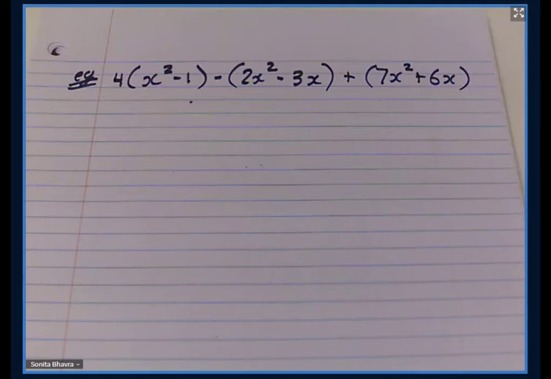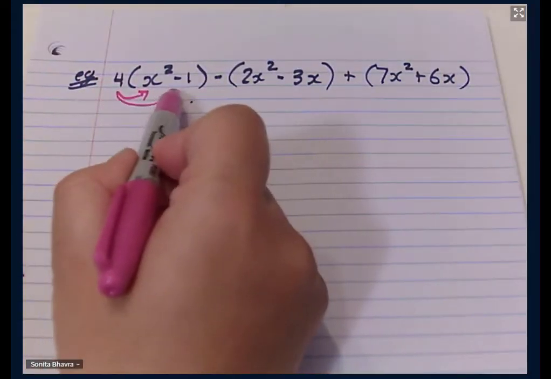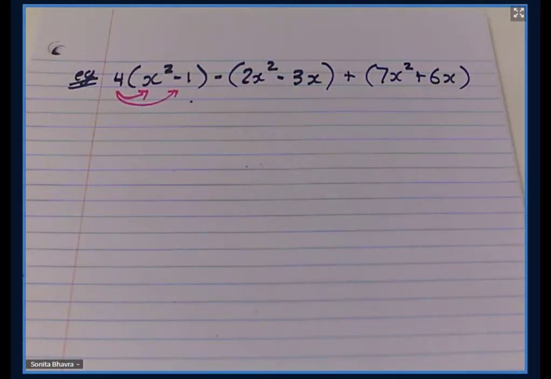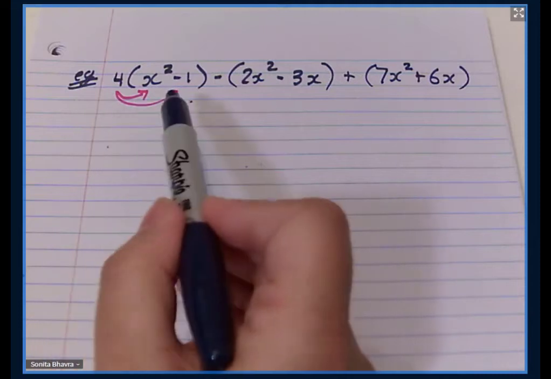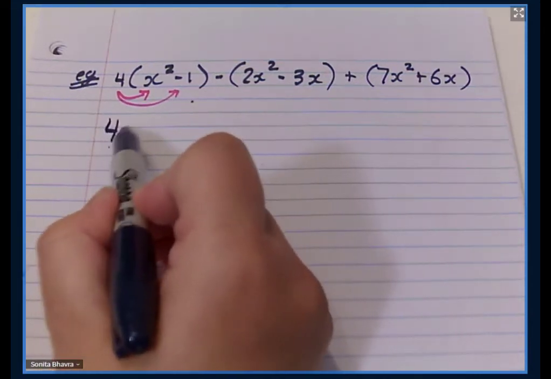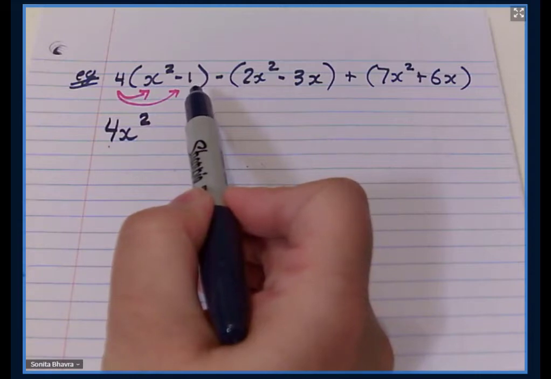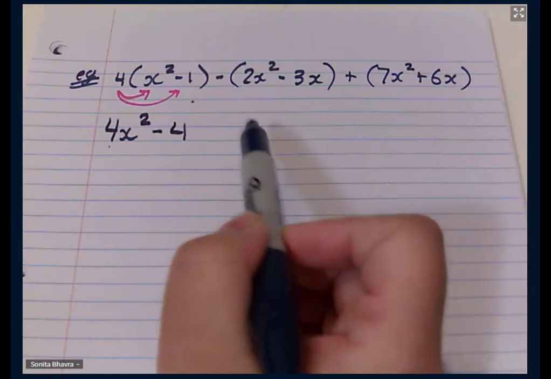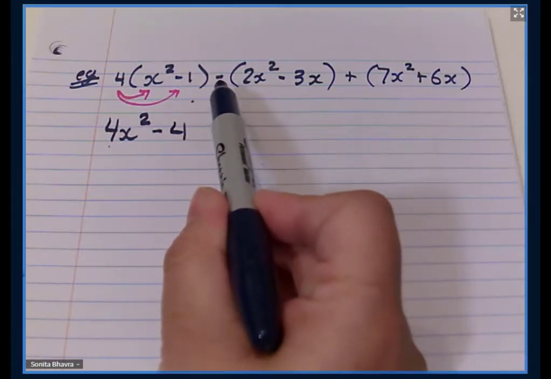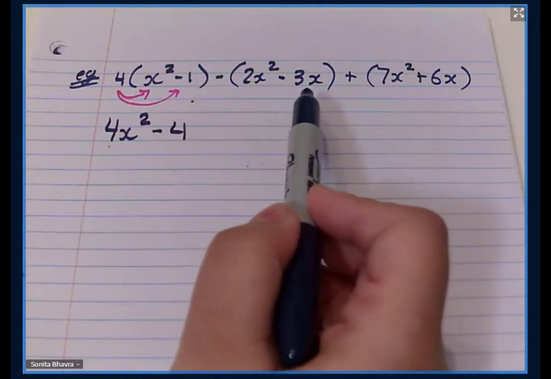All right, so let's multiply that 4 to everything inside that first bracket. So 4 times x squared, that is 4x squared. Then 4 times negative 1, that is minus 4. Then we have to apply this subtraction, this minus or this negative, to everything inside of this bracket.